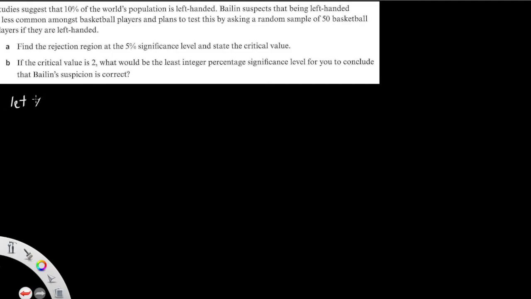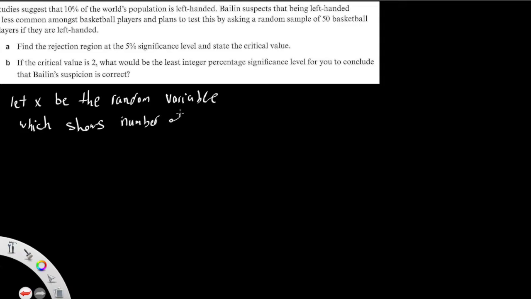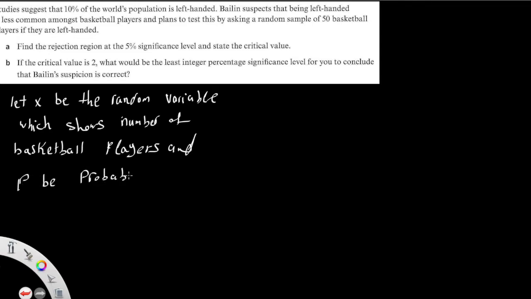Let X be the random variable which shows the number of basketball players, and p be the probability of being left-handed.